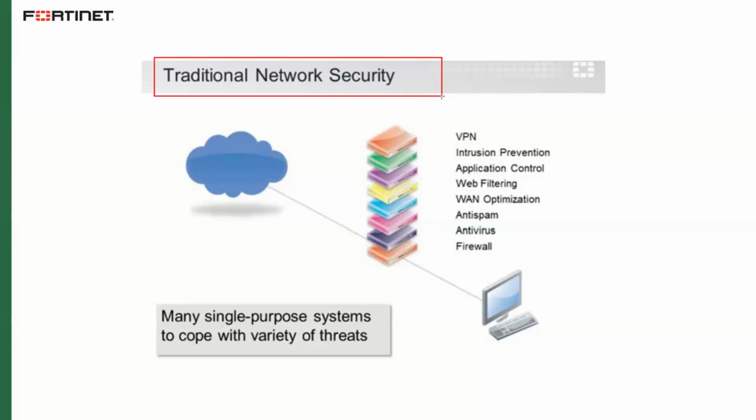See, in a previous network, like if I talk about 10 years ago or 15 years ago, we had these many devices in our network to protect or to do traffic filtering. Like for VPN, we used to have a different device, an intrusion prevention, IPS device for threat prevention, right? Application control, web filtering, WAN optimization, anti-spam, antivirus, firewall.